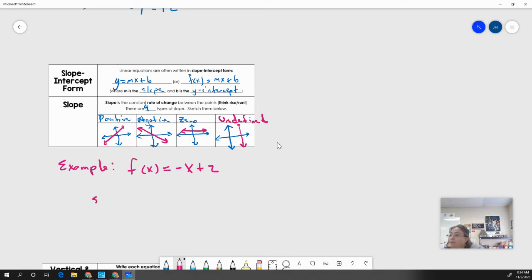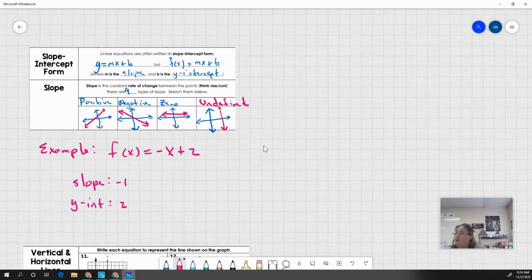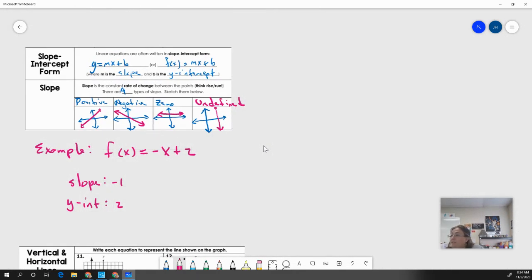I'm going to go, okay, well, my slope is -1. My y-intercept is 2, right? That means I'm going to have a point at 2 on the y-axis. So if I draw a graph, let's see if I can do something even remotely decent here.